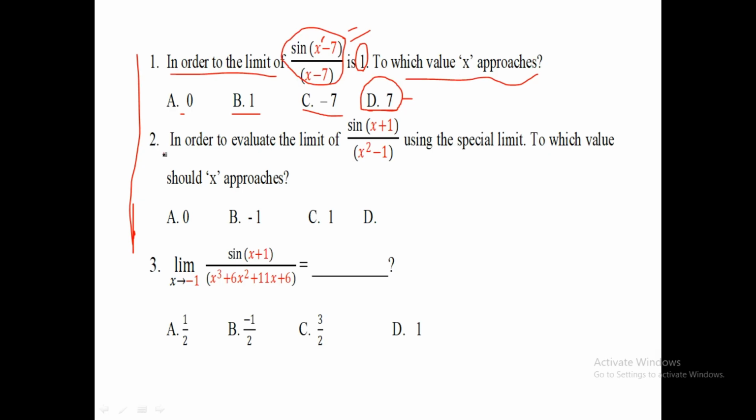The same thing, example 2. In order to evaluate the limit of sine(x plus 1) over x squared minus 1 using the special limit, to which value should x approach? a 0, b minus 1, c 1, d 2.